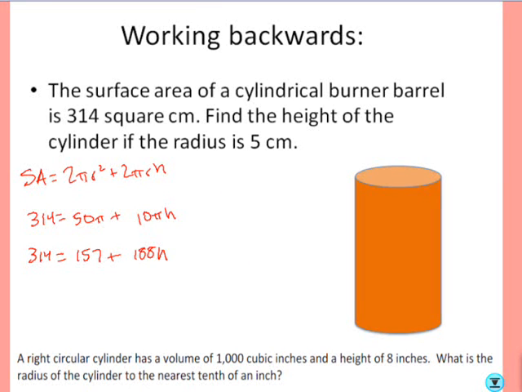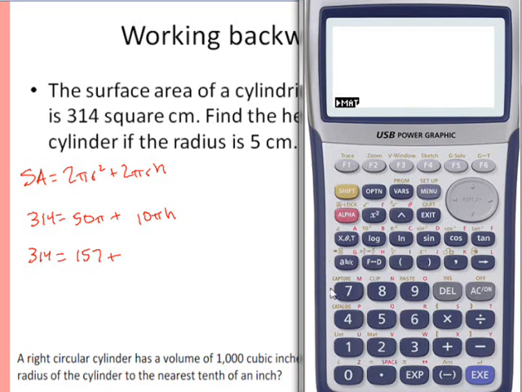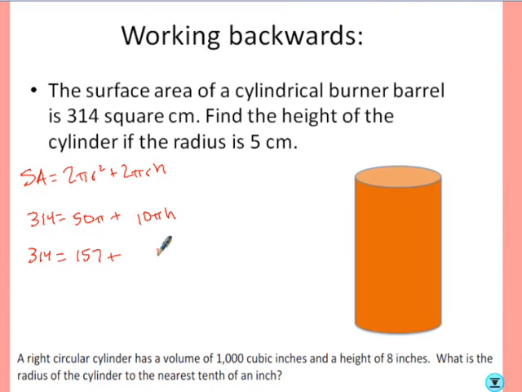Hopefully you guys caught the same mistake that I just caught. I got the wrong number there. I put something wrong in my calculator. Let's go back to my calculator. This is 10 times pi. So that's 31.4. We'll just call it 31h. Sorry about that. So 31h.